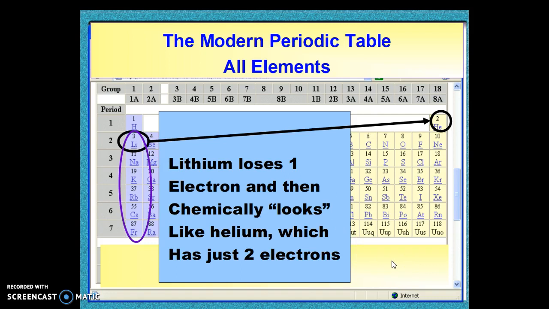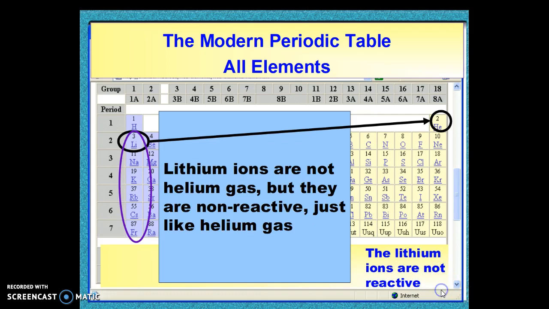It loses 1, and then it's chemically unreactive, very much like helium. So at 2 electrons, it seems we've got a very unreactive situation. The lithium ions are not reactive. Now it's true, lithium ions don't turn into helium gas. They're not a gas, they're in salts, but they behave chemically like noble gases.